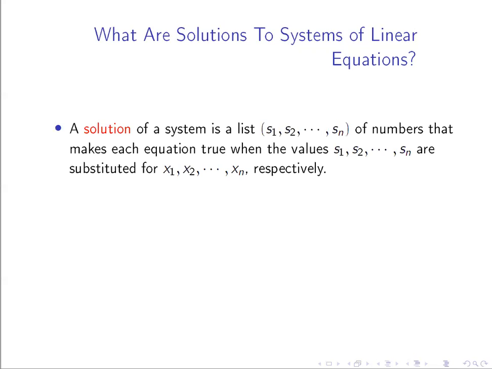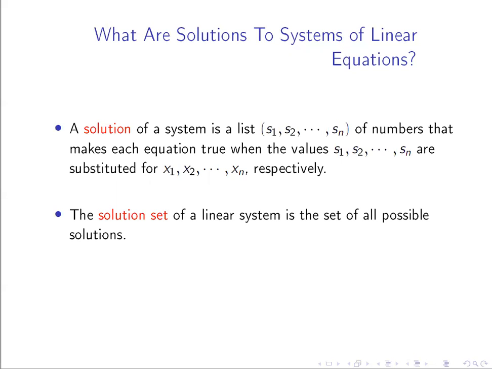So you can't just say the answer is 3. Well, that doesn't make sense. We're identifying what the variables are. So often this looks similar to what you think of as a point. You can think of it as an ordered pair or set.